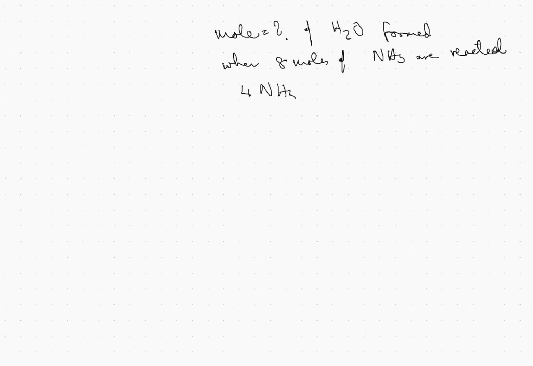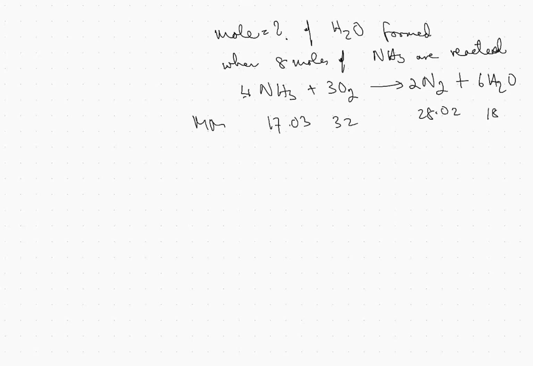If not, you have to balance it. So let us see, we have for nitrogen, 4 and 3, 12, 6 oxygen, everything's fine, balanced. They have also given molecular masses underneath, 17.03, 32, 28.02, 18.02. They're asking, when 8 moles of ammonia reacted, how many moles?